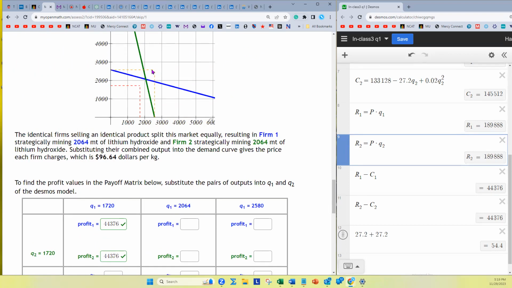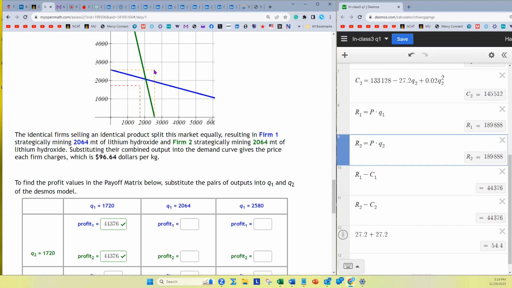This outcome is the monopoly outcome. It represents economic profit of 44,376 for each firm.